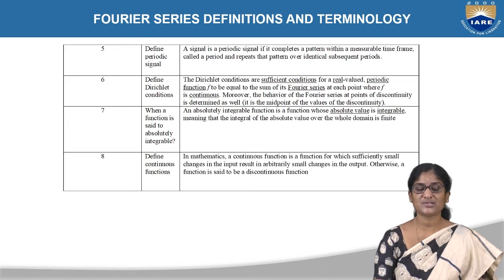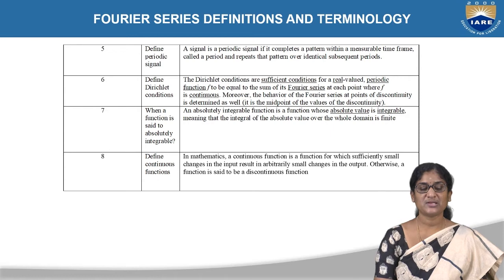The Dirichlet conditions are the sufficient conditions for a real valued periodic function f to be equal to the sum of its Fourier series at each point where f is continuous. Moreover, the behavior of the Fourier series at a point of discontinuity is determined as well, as the midpoint of the values of the discontinuity. So these are the definitions of the Dirichlet conditions.